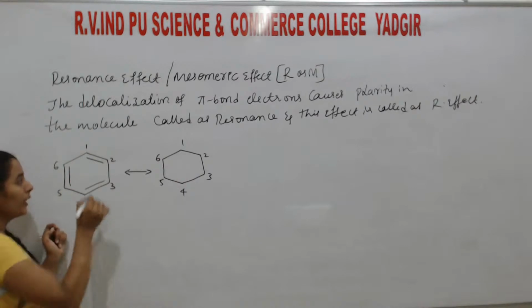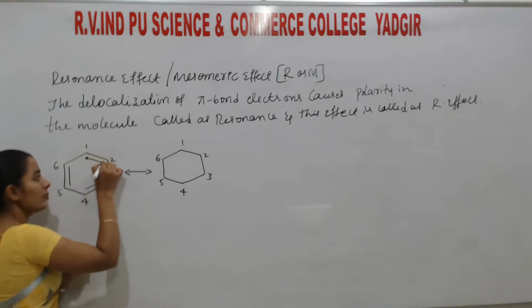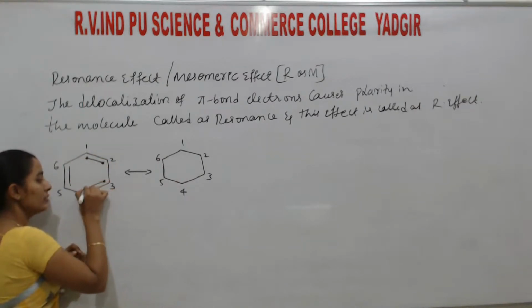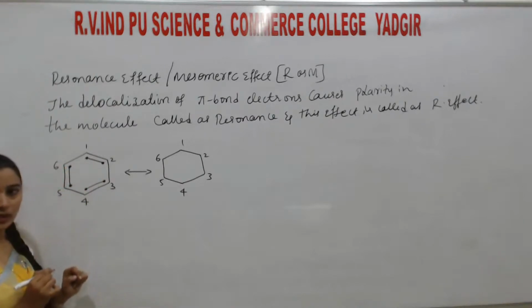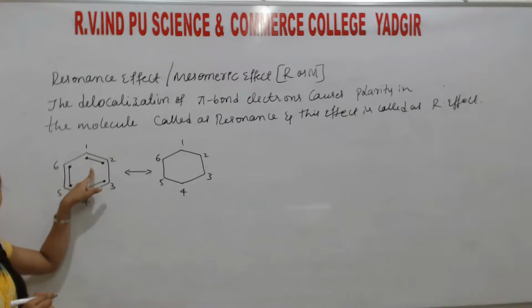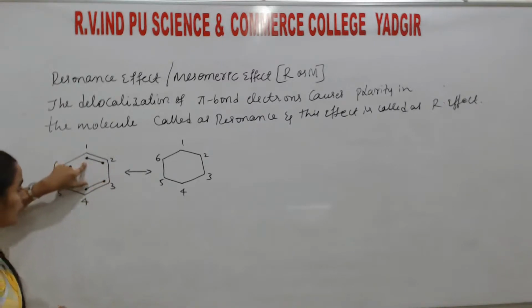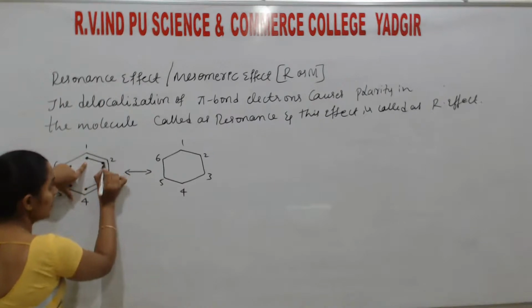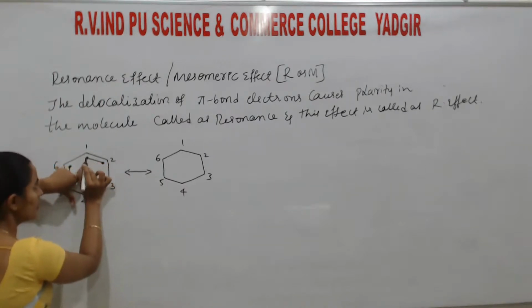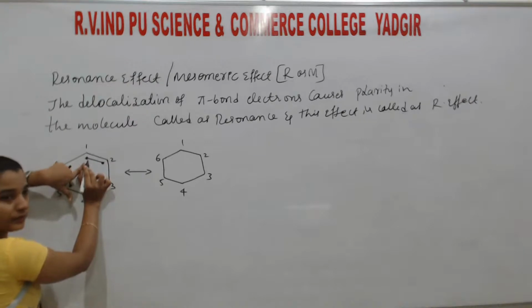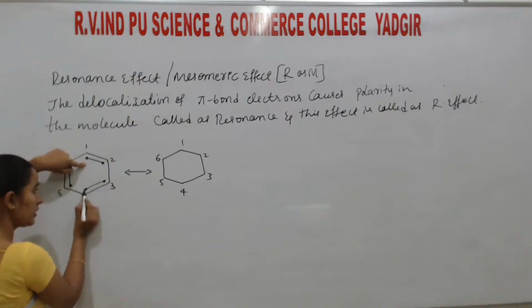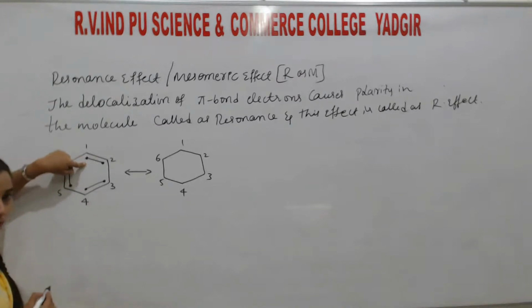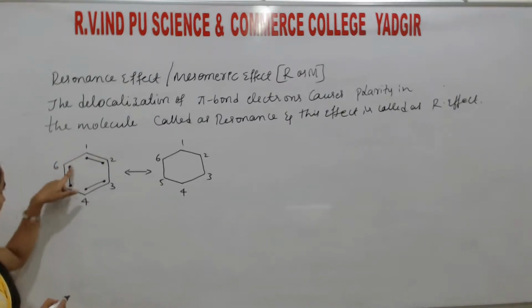Listen students, each bond consists of 2 electrons. Consider the first pi bond in between 1 and 2. This carbon consists of this electron, this carbon consists of this electron. The third carbon has this electron, the fourth carbon this electron, this is for fifth, and this is for sixth.